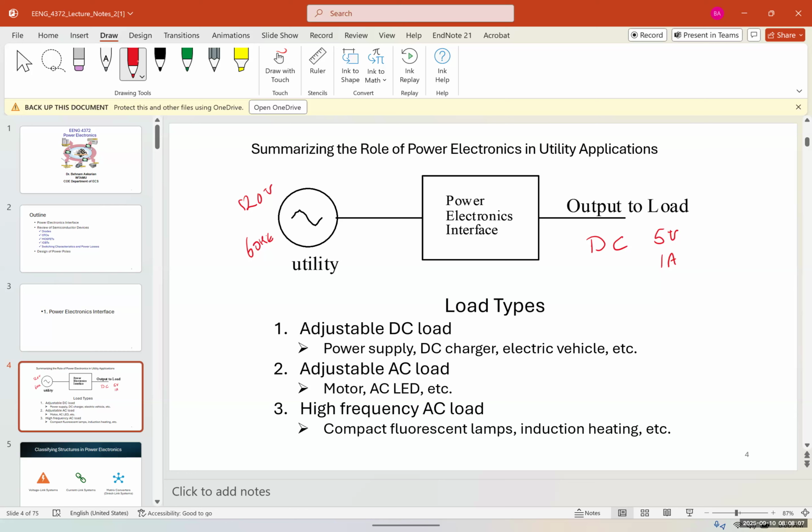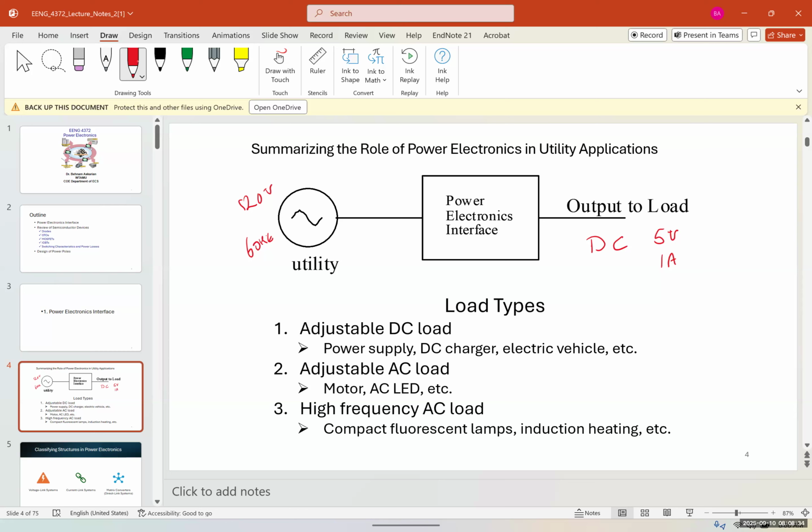We have adjustable DC loads, which are used in power supplies, DC chargers, electric vehicles, etc. We have adjustable AC loads for motors, AC LEDs, etc. And we have high frequency AC loads, those used in induction heating, if you have these electric coffee makers, or some compact fluorescent lamps.